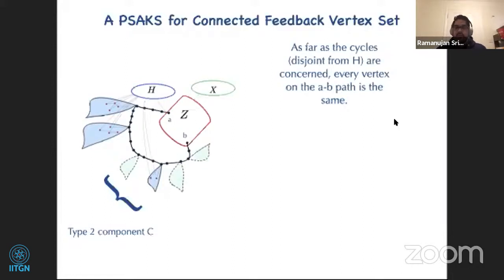There must be an A-B path where A and B are the neighbors of the component in Z. And the component C comprises this A-B path minus A and B, and a bunch of trees hanging from this A-B path. I know this is not very formal, but I hope I'm conveying the description reasonably accurately, assisted by the picture, hopefully.